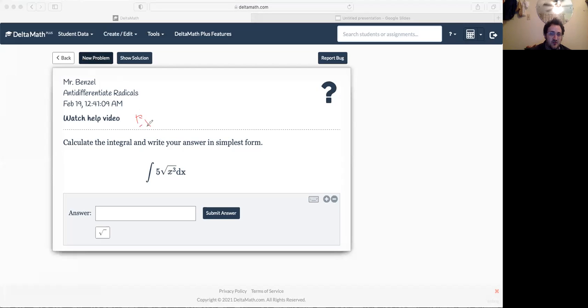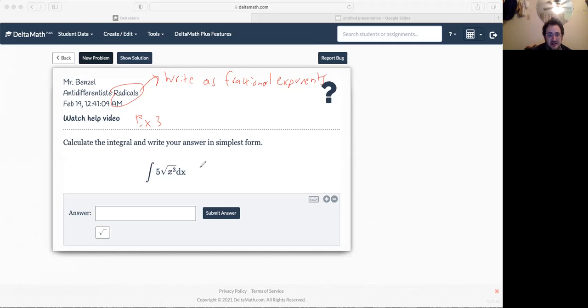This is example 3. With these, you want to write as fractional exponents first. We like to give you some practice with those fractional exponents so your differentiation and anti-differentiation skills procedurally are very good.